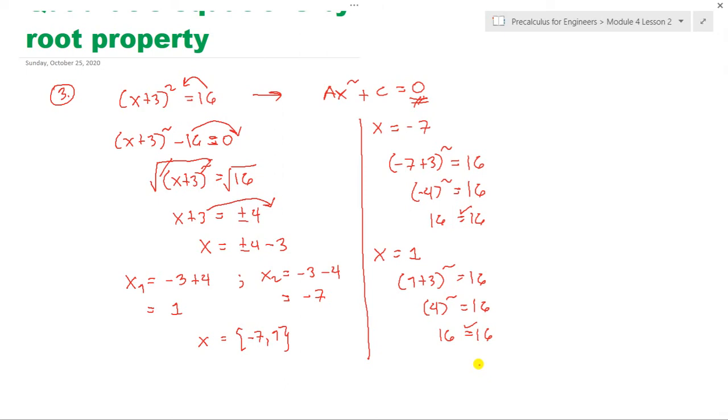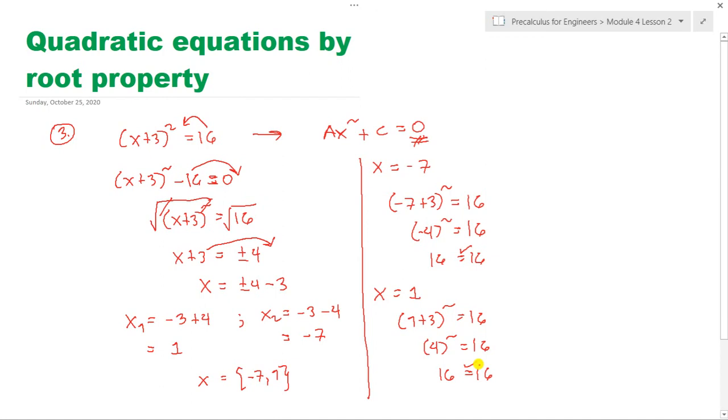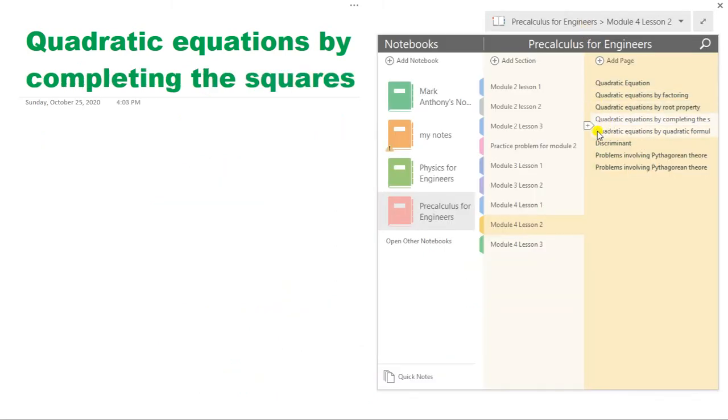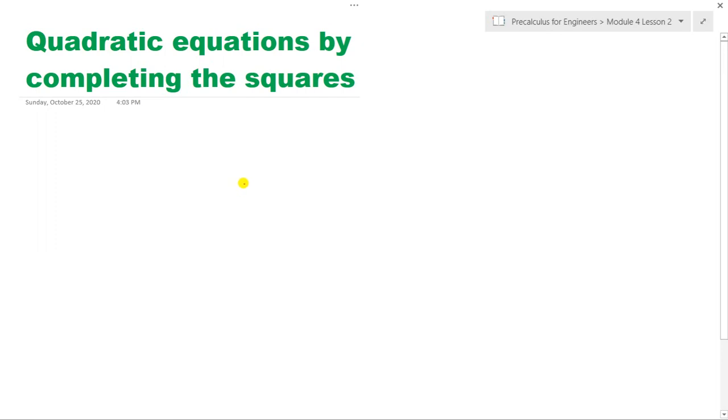Now, since we already know two methods, let's have the other method. And I think the other method would be much trickier, and it will take you much longer to solve. Because in this form, we still have a form of ax squared plus bx plus c is equal to 0.